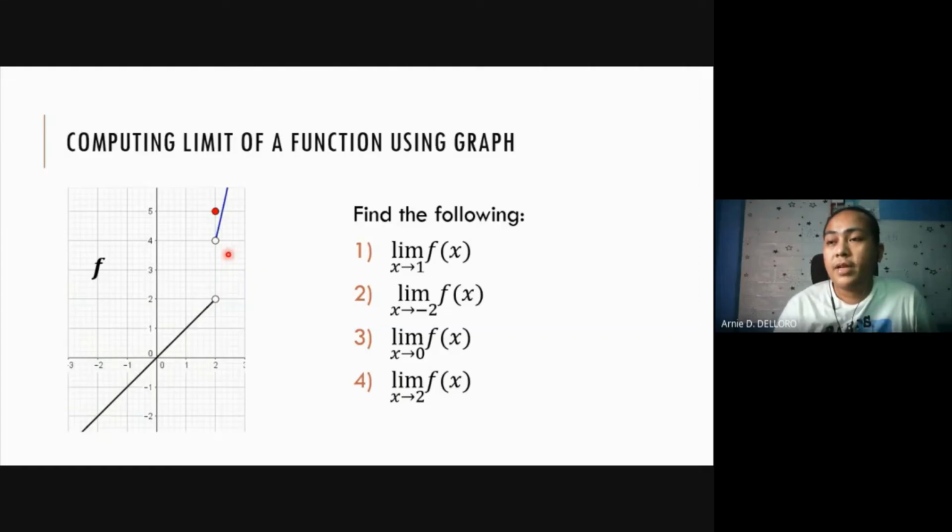So the limit of f of x as x approaches 2 does not exist. Okay? It does not exist. Since, yun nga, yung value ng limit ng function from the left is not equal to the limit of the function from the right. Ulit-ulitin natin yun kasi yun yung pinaka-important. Okay?